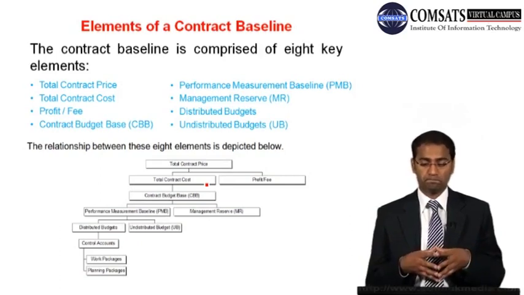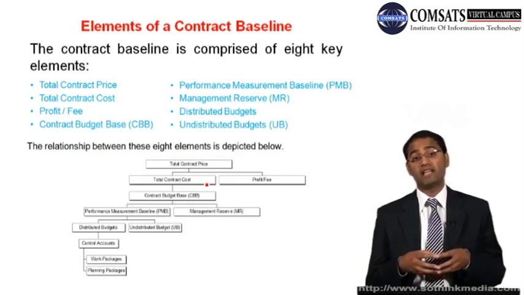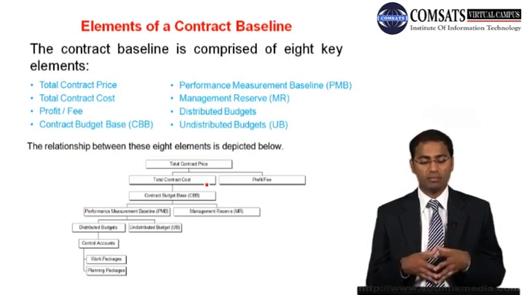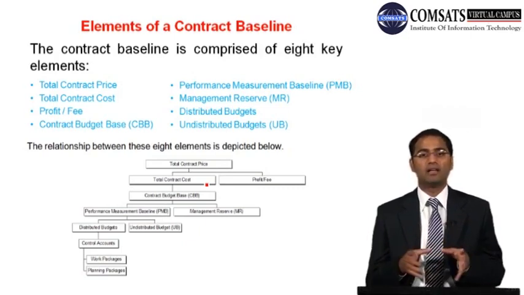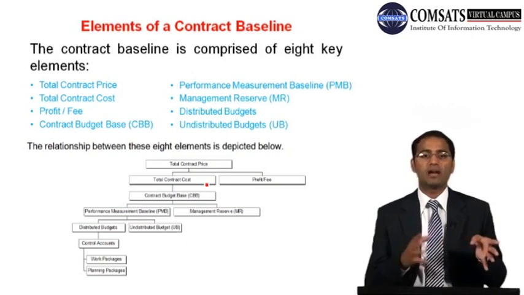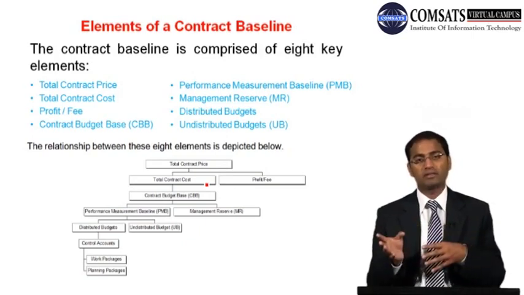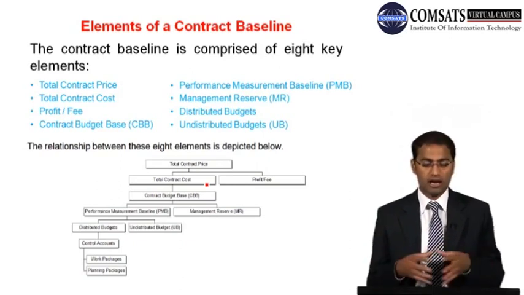We will do that. And then there is a management reserve. You can see there the management reserve is not at all part of the PMB baseline. So contingency is part of baseline, cost baseline, but the management reserve is not part of baseline.